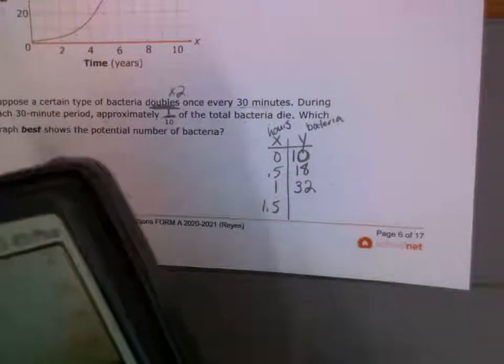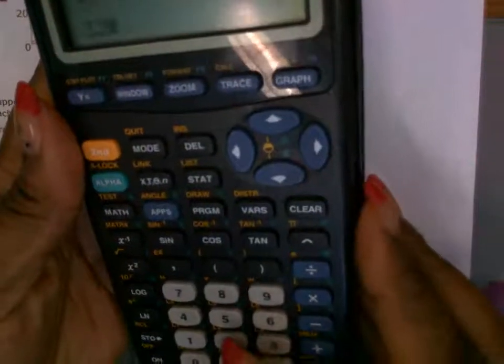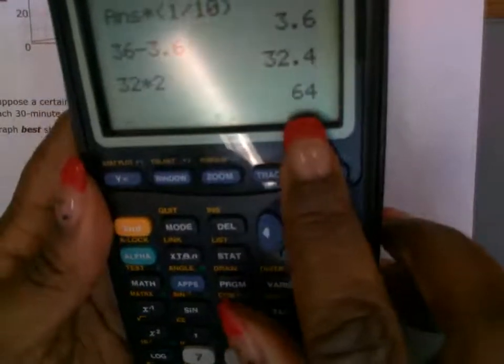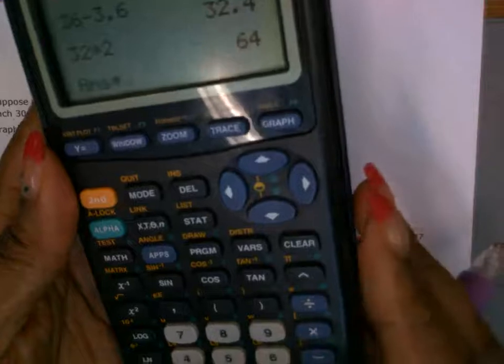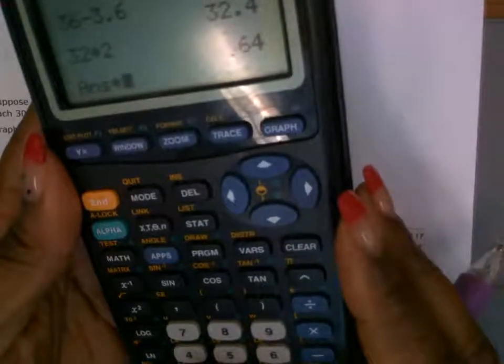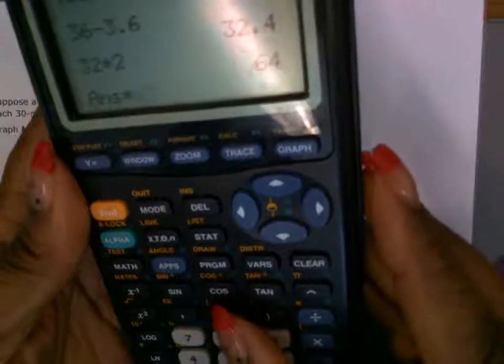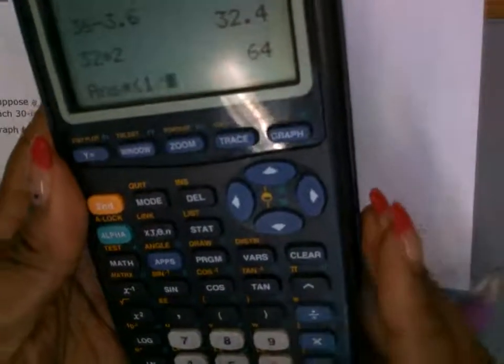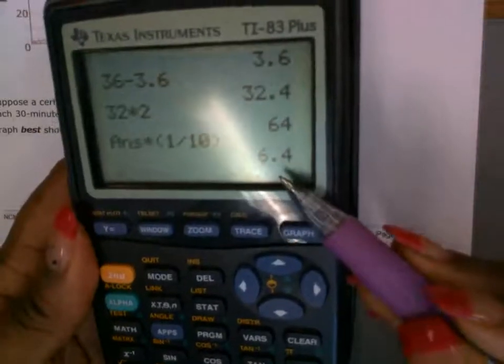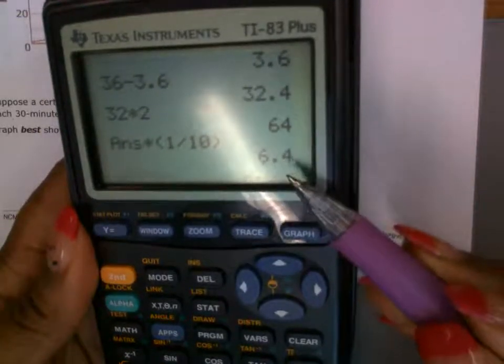I'm going to double. So I got 32 and double times 2. That gives me 64. And I'm going to multiply that times the parentheses, 1/10. Okay. And this, I'm going to subtract 6.4 from it.